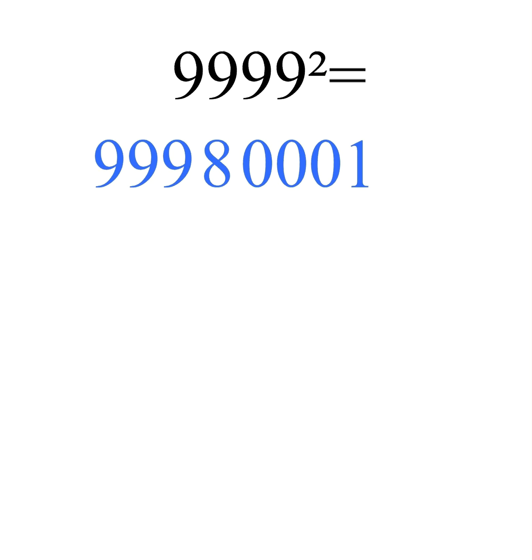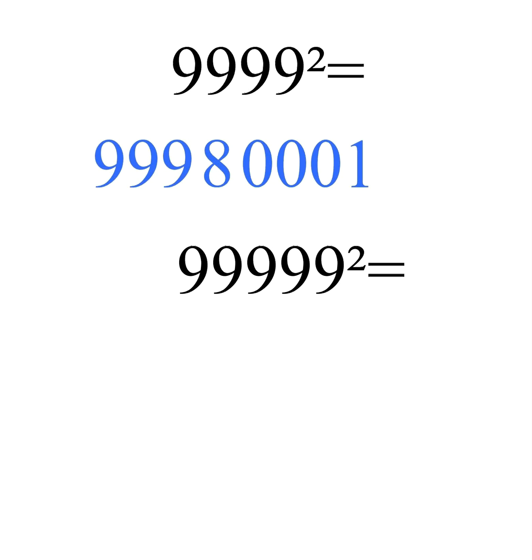That's simple. Simple and fast. Let's have another one. Let's square the number of 5 9s. So again, we count the number of digits.